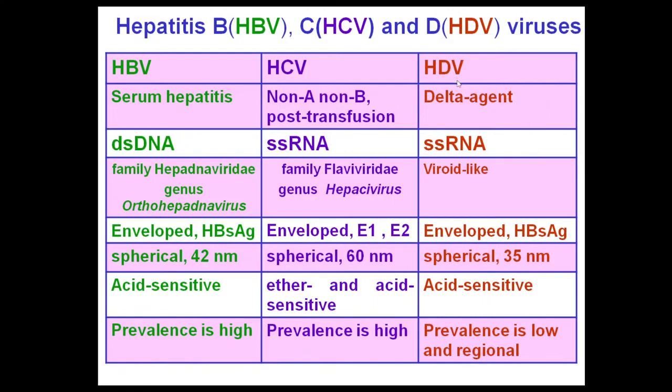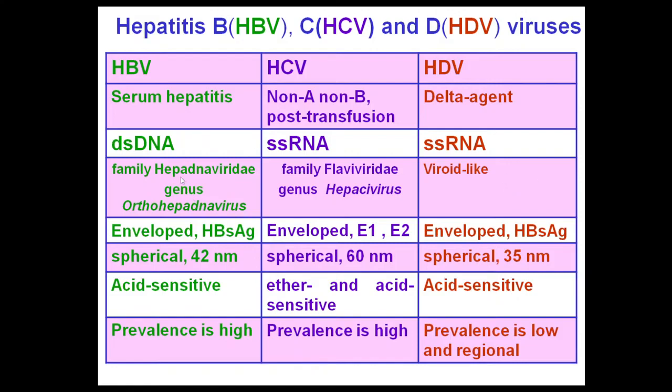So hepatitis D is also called delta agent because it is not a complete virus, it is sort of a defective virus that we will discuss later on. And you can see here they all belong to different families.